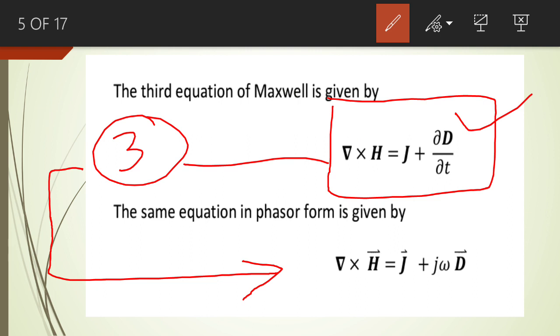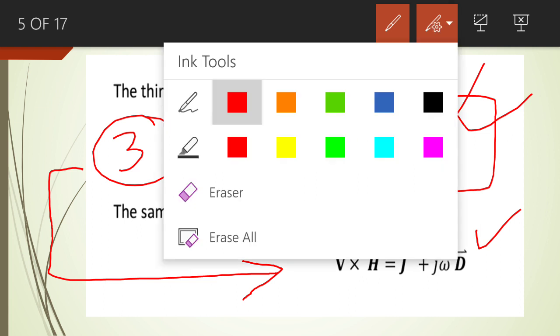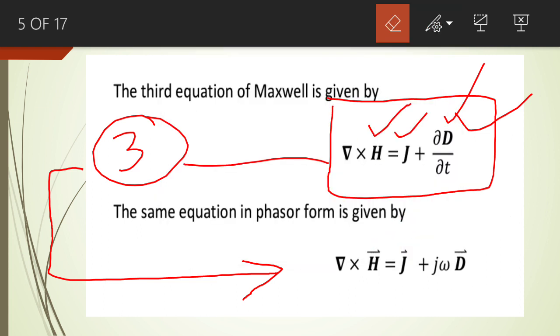In order to convert the instantaneous form of this equation into phasor form, we replace the instantaneous value of H by the phasor value of H, the instantaneous value of J by the phasor value of J, the instantaneous value of D by the phasor value of D, and we replace ∂/∂t by jω.